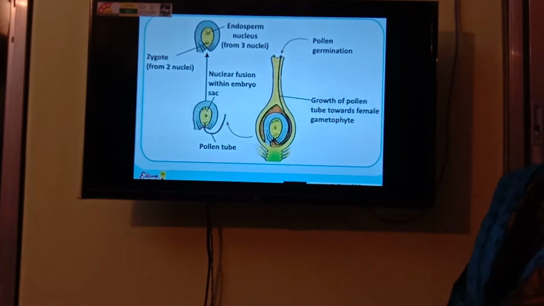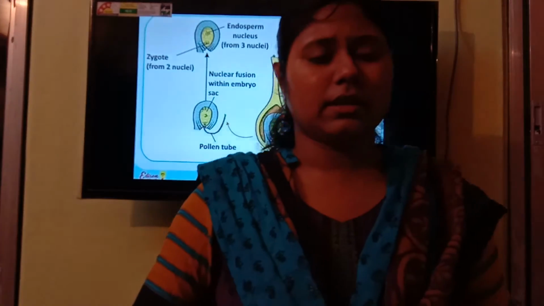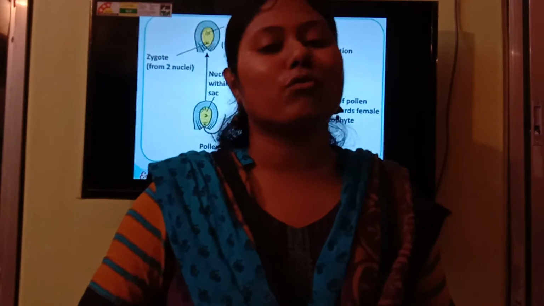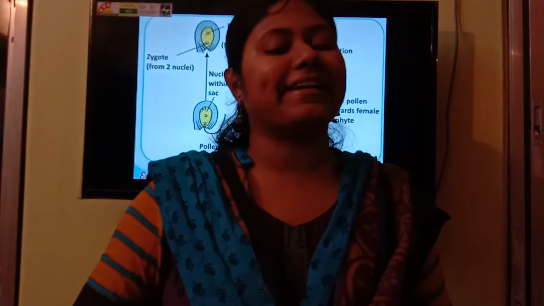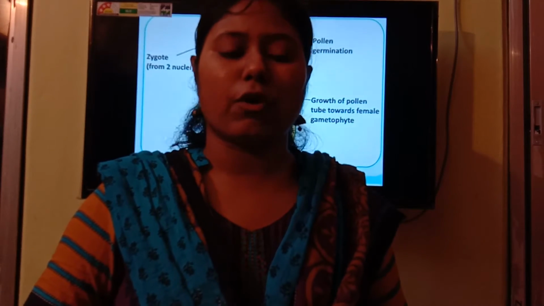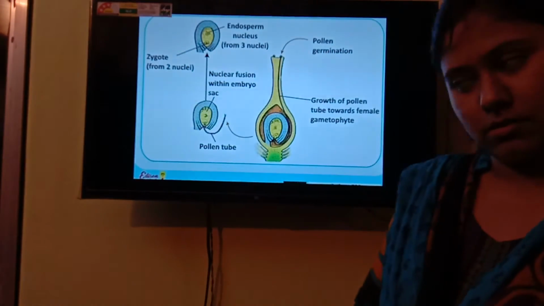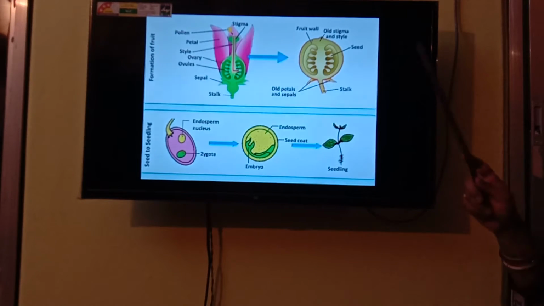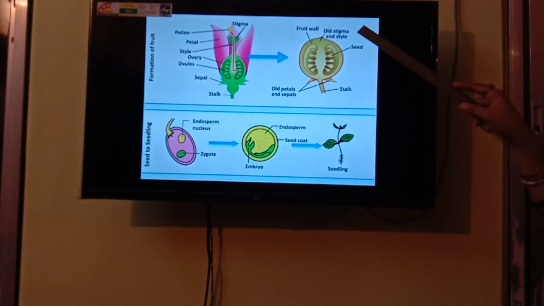Now after fertilization, the fruit and seed are formed. The fruit is a ripened ovary and the seed is a ripened ovule. Now I discuss fruit formation and seed formation. This is the formation of fruit and the formation of seed. Fruit is the ripened ovary.